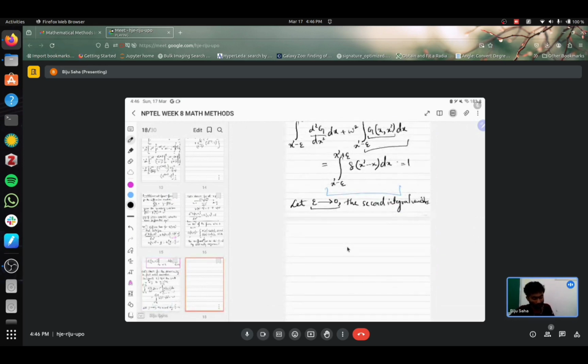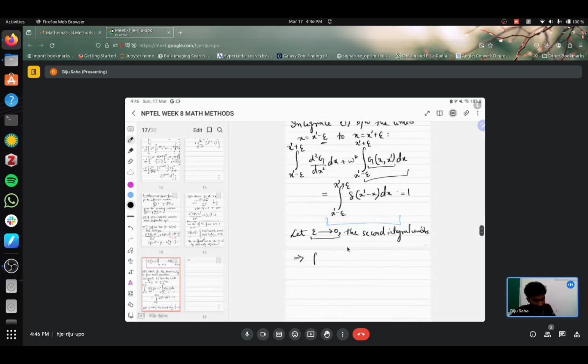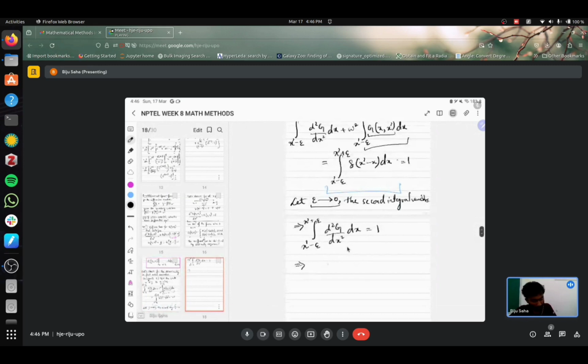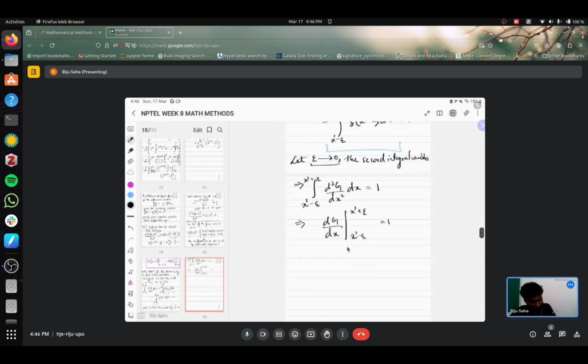So the only integration that I have is this. From here we get this particular thing. This gives me the discontinuity which is present in the first order derivative of the Green's function.